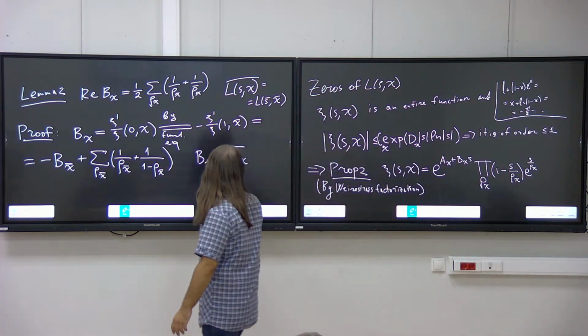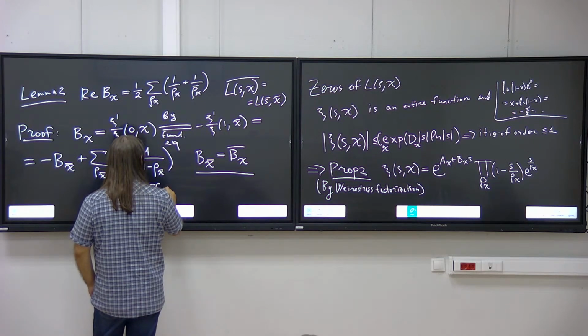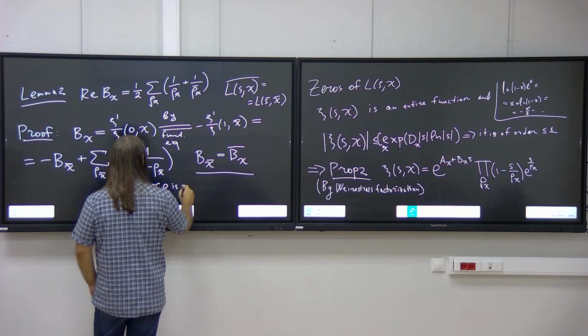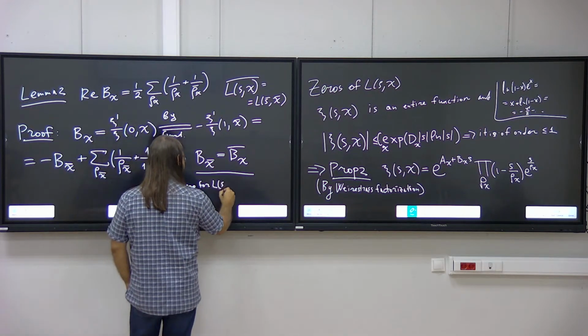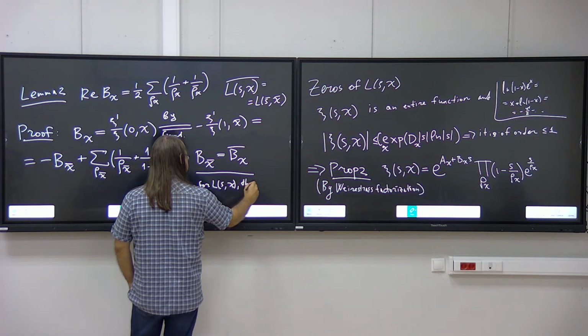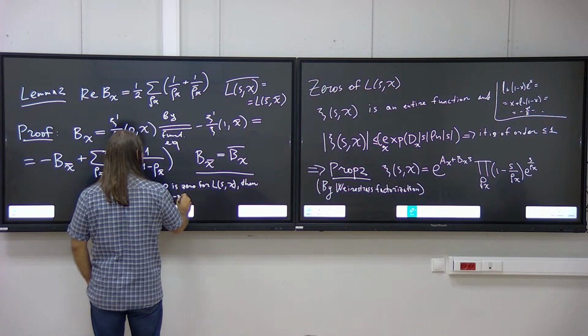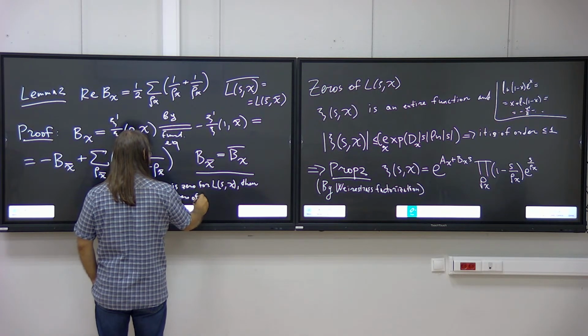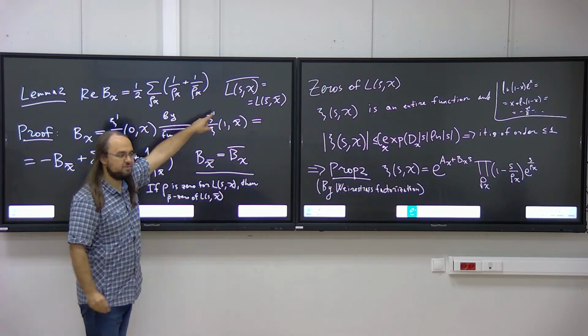Okay, so you have this formula, and also if rho is a zero of L(s, chi), then rho bar is a zero of L(s, chi bar) due to this formula.